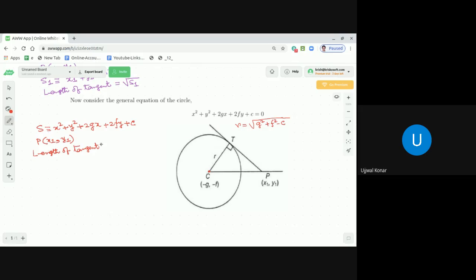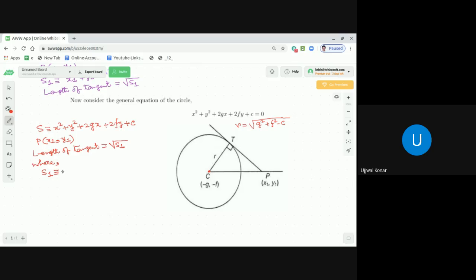Length of tangent should be equal to square root of S1, where S1 is nothing but the expression S in which x is replaced by x1 and y is replaced by y1.